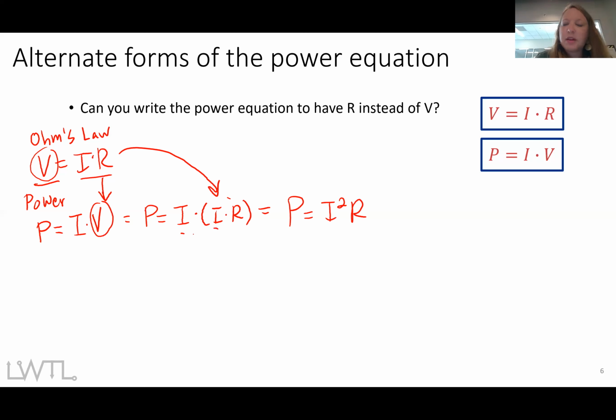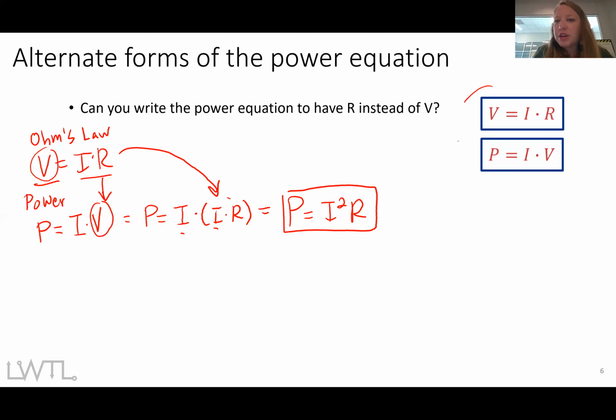Because it's I times R. So this is a new form of the power equation. Maybe sometimes in your problem statement, you're given current and resistance, but you're not given voltage. If you're given current and resistance, you can still find power using this new form of it.